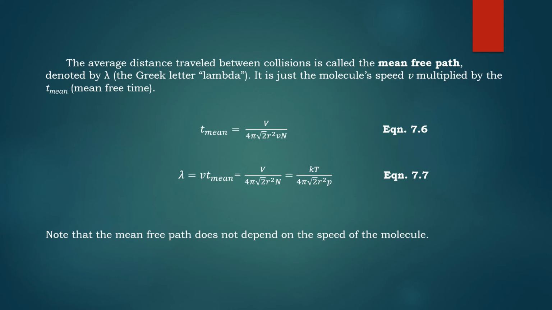So, the mean free path, which is equal to the product of the speed of the molecule times the mean free time, is equal to V divided by 4 pi square root of 2 r squared times n. And this is also equal to kT divided by 4 pi square root of 2 r squared times p. Note that the mean free path does not depend on the speed of the molecule.